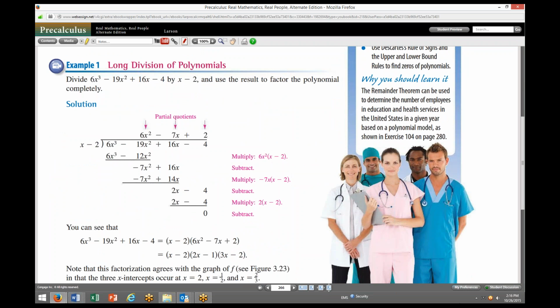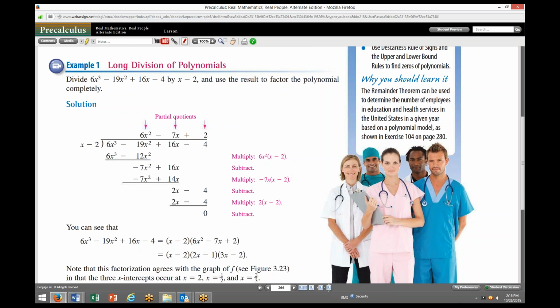We actually follow a technique very, very similar to long division of integers. So, for instance, if we wanted to do example 1, divide 6x to the third minus 19x squared plus 16x minus 4, divide that cubic polynomial by x minus 2. Here's what happens.